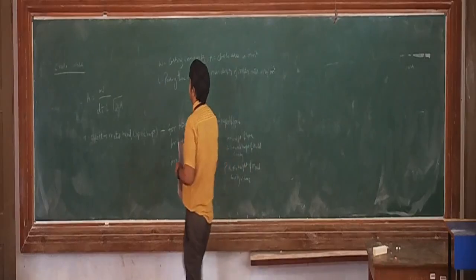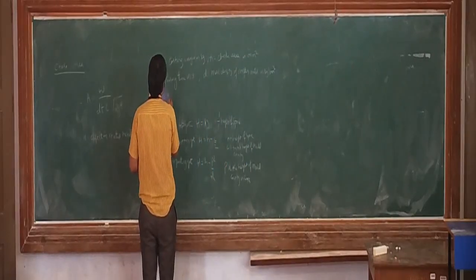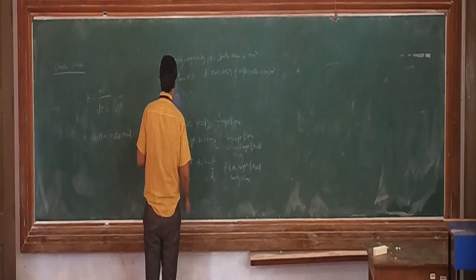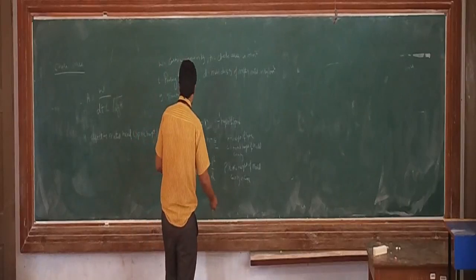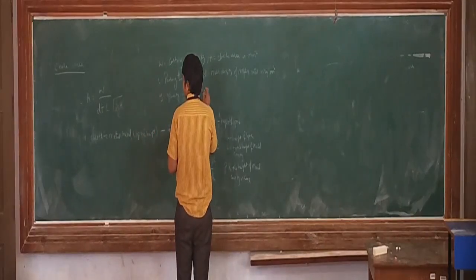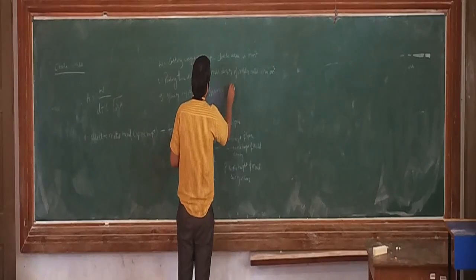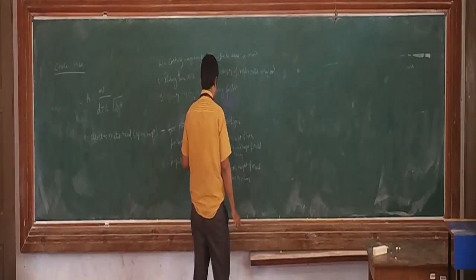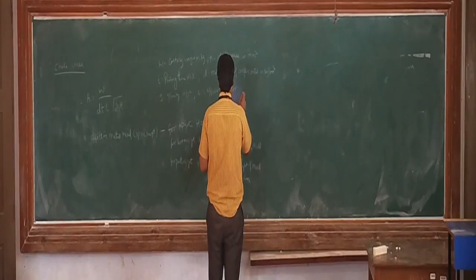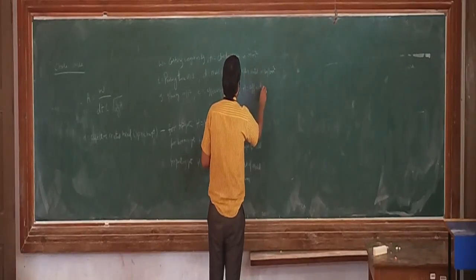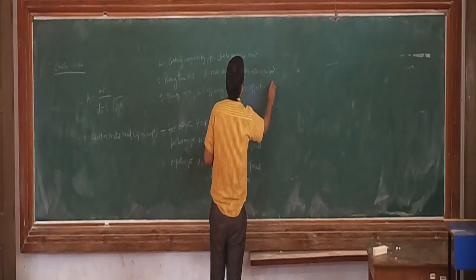G is the gravity in terms of meters per second square. C over here is efficiency factor, and H is the effective metal head.